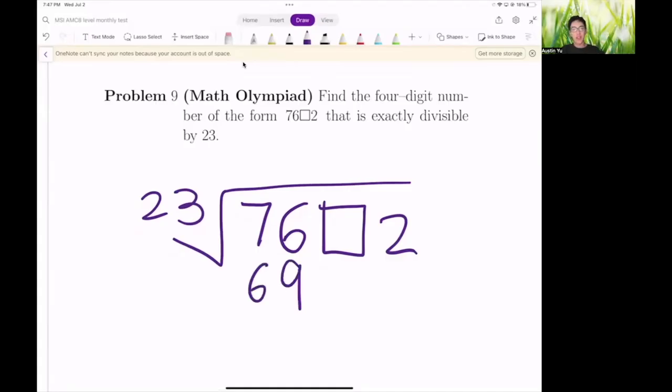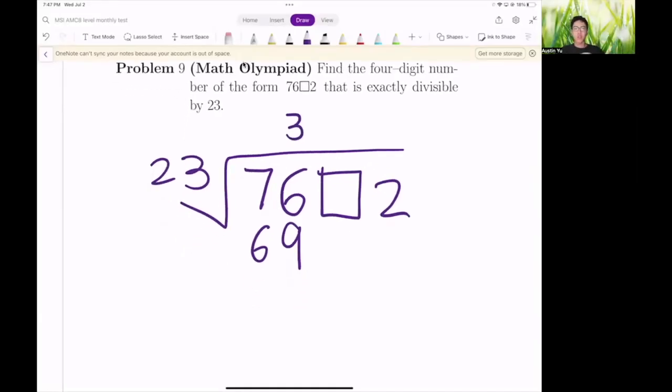So what is 69? 69 is basically 23 times 3. So we know that 3 is going to be the whole number on top of the quotient, and 69 is the largest multiple of 23 that we can get to. And then we subtract 69 from 76, which gives us 7. And now we have to drop down the unknown number here.